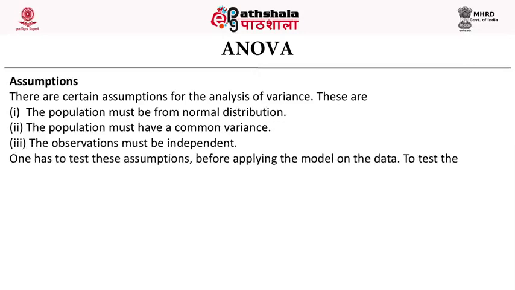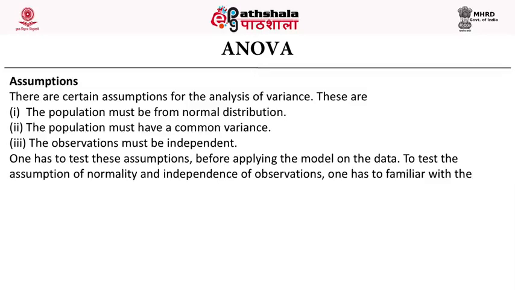The second assumption is that the populations must have a common variance, and third, the observations must be independent. One has to test these assumptions before applying the model on the data. To test the assumptions of normality and independence of observations, one has to be familiar with the methods available in the literature for this purpose.